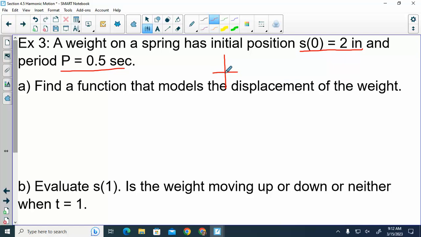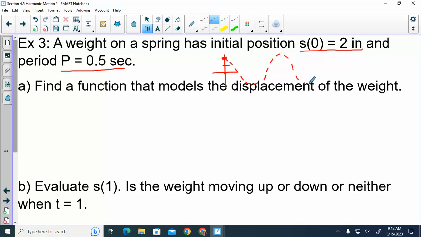That means when my time is 0, this is currently at a height of 2. Does that sound like a sine or a cosine? Where does sine start? Sine starts at the center, which is 0. Is this the center? No. So this is going to be a cosine graph.